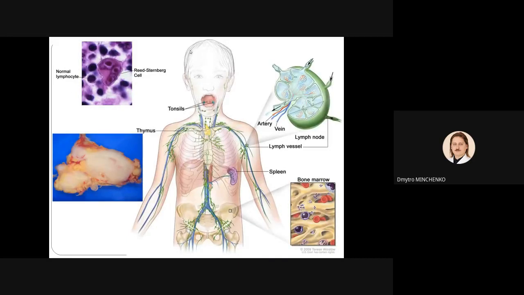One of the main diagnostic features and pathomorphological structures that appears in cases of lymphoma, more specifically Hodgkin's lymphoma, also known as lymphogranulomatous, is the giant cells known as Reed-Steinberg cells. They're found in bioptic material from lymph nodes.